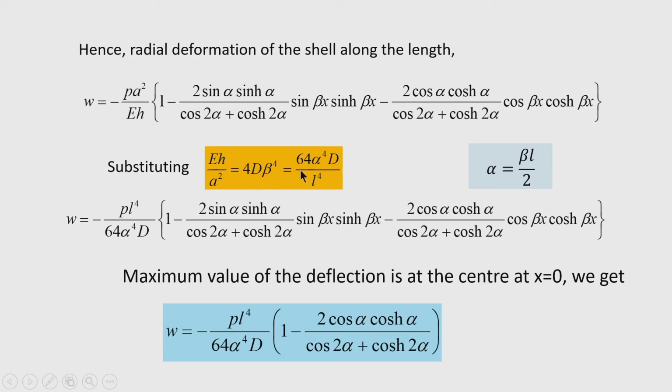So, using this parameter, we now express the deflection as W is equal to minus p L to the power 4 divided by 64 alpha to the power 4 into D, where D is the flexural rigidity of the shell, multiplied by 1 minus 2 sin alpha sin hyperbolic alpha divided by cos 2 alpha plus cos hyperbolic 2 alpha, sin beta x sin hyperbolic beta x, minus 2 cos alpha cos hyperbolic alpha divided by cos 2 alpha plus cos hyperbolic 2 alpha, cos beta x cos hyperbolic beta x. Okay.